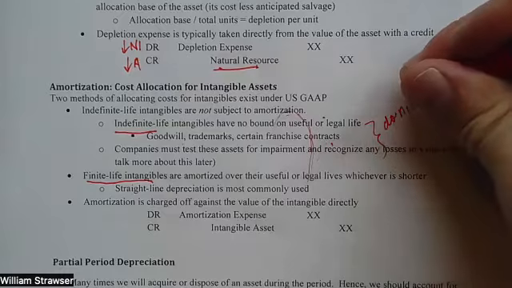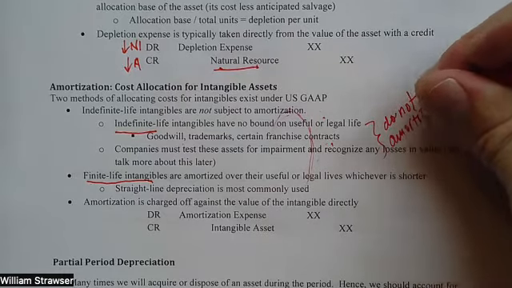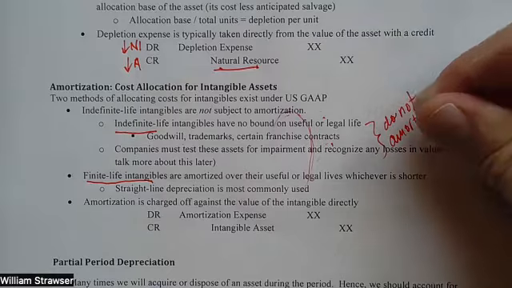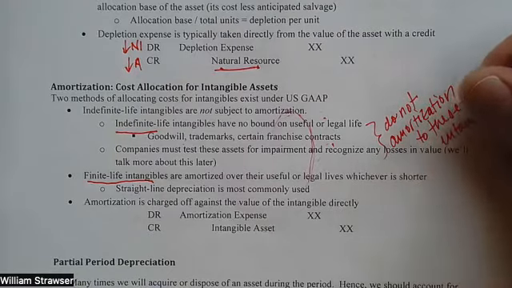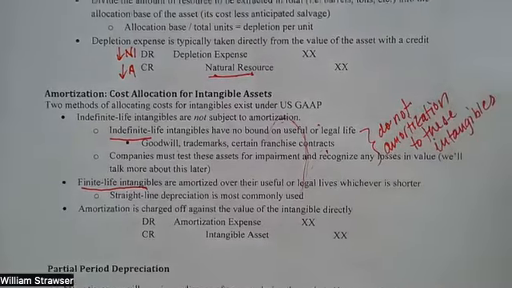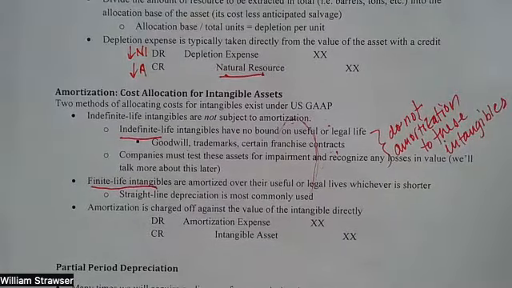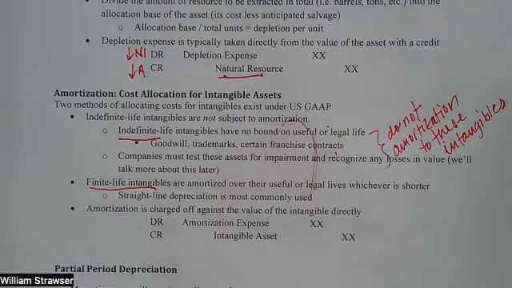You can lump them in the same category as land. Land is the only PP&E that is not depreciated. These three types of intangibles are not depreciated because they have indefinite lives. They go on forever. They're not bounded with a useful life estimate.